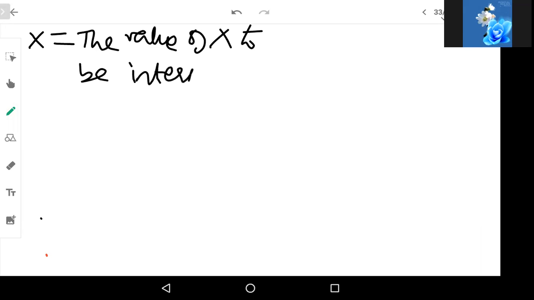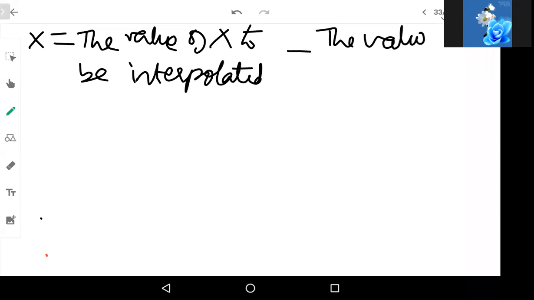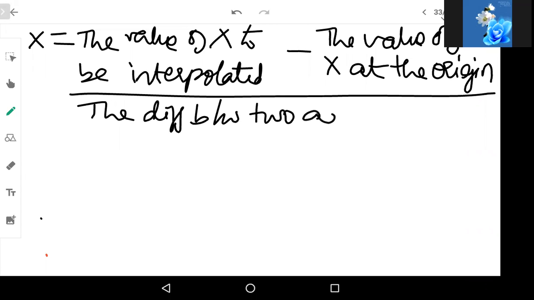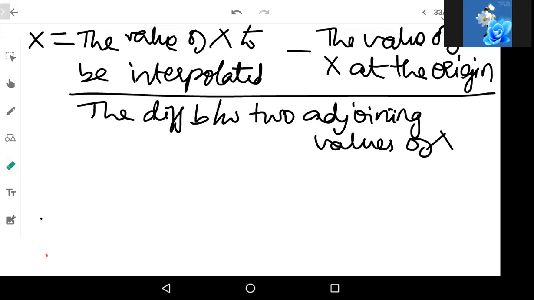The formula is the value of x to be interpolated, minus the value of x at the origin, divided by the difference between two adjoining values of x.